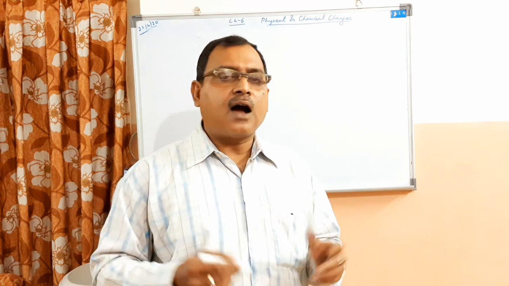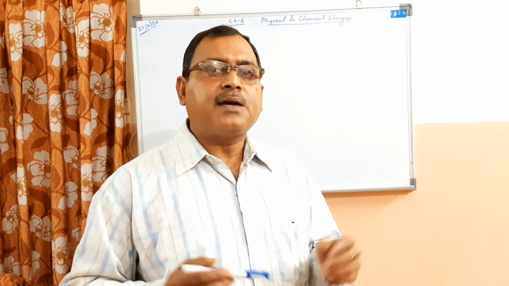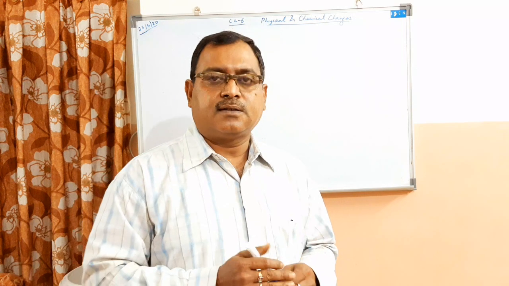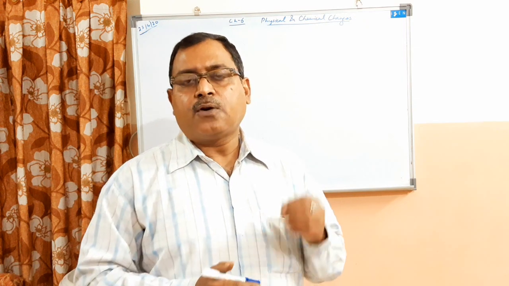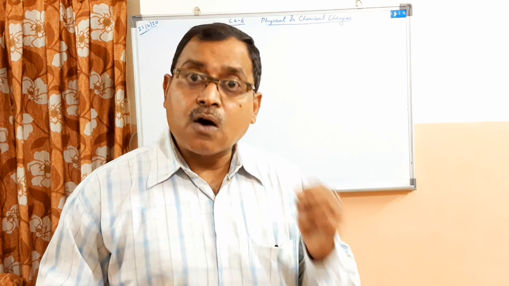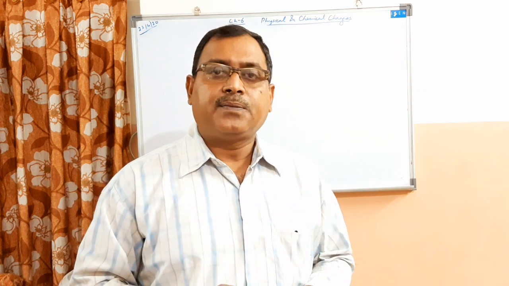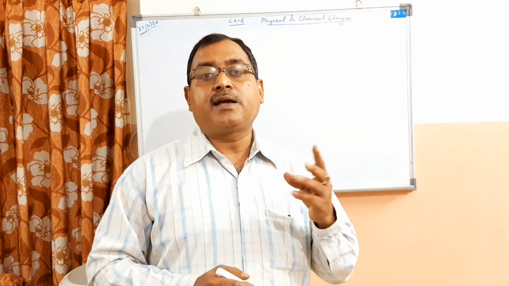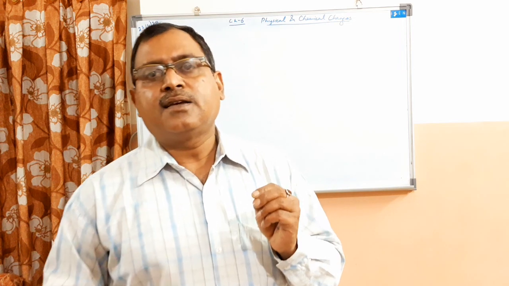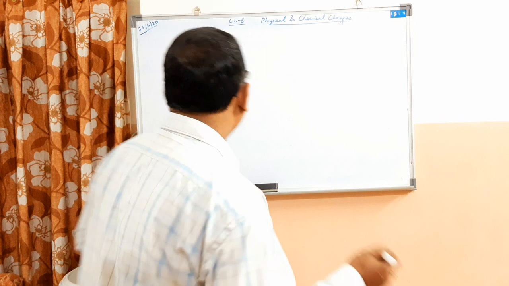So, generally, how do we write a chemical equation? That I'll come afterwards. First of all, I want to tell you how will you know that a change that is occurring is a chemical change? For that, a few evidences are there.